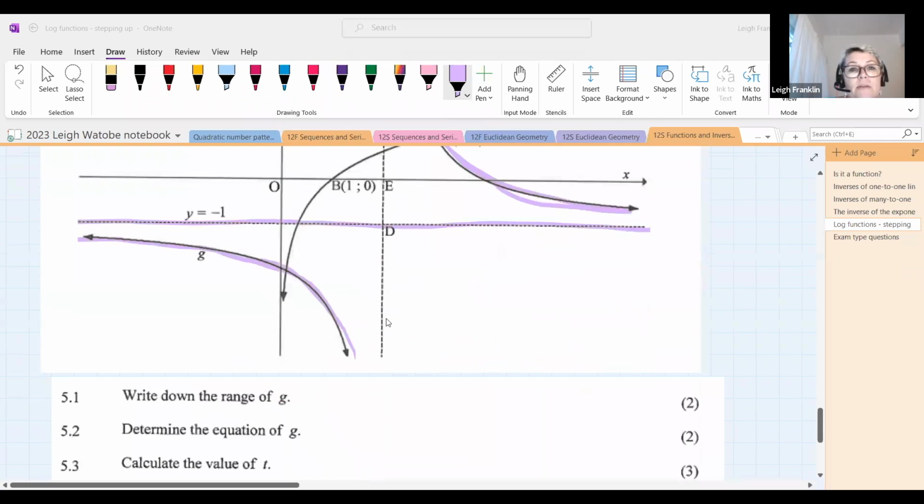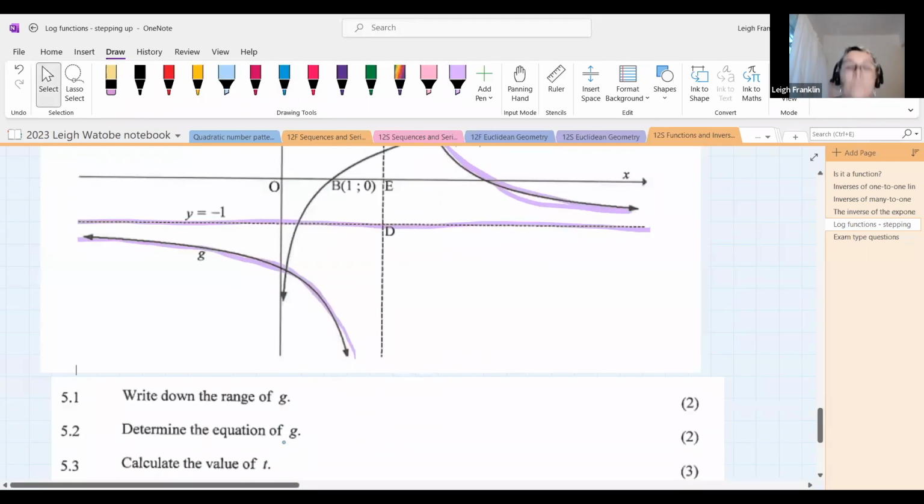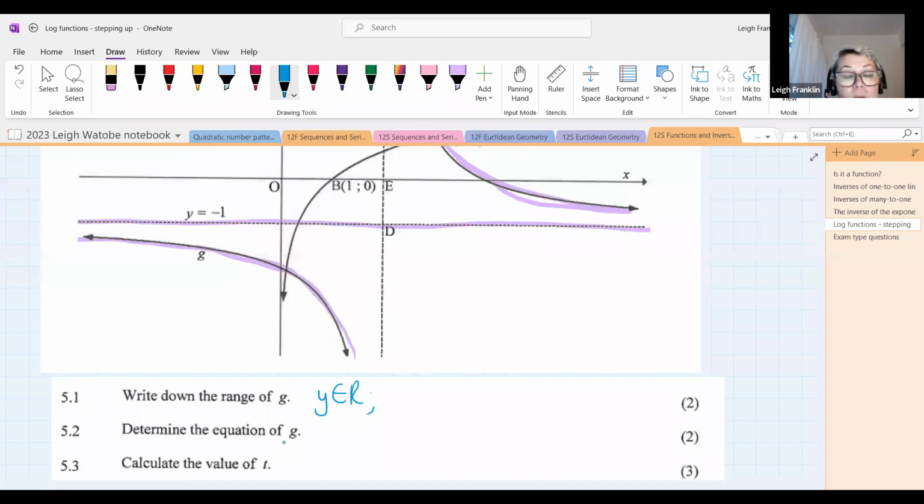Anybody know what that is? Nolutando? Can you say that y is an element of the real numbers, but y is not equal to -1? Absolutely. That's the way I would have said it. Y is an element of the real numbers, but y may not equal -1.